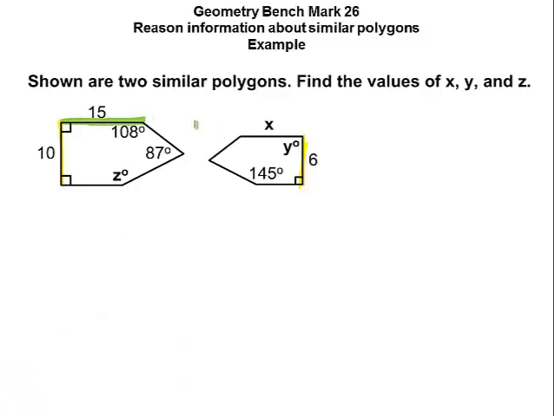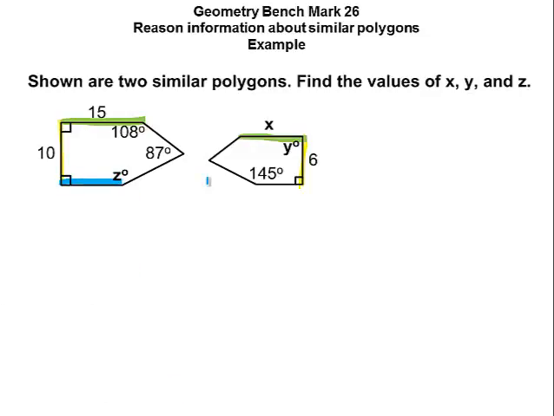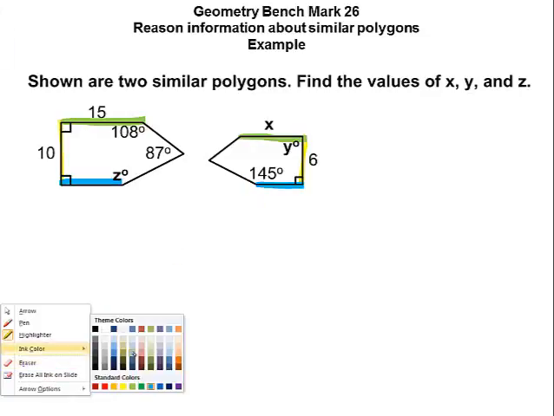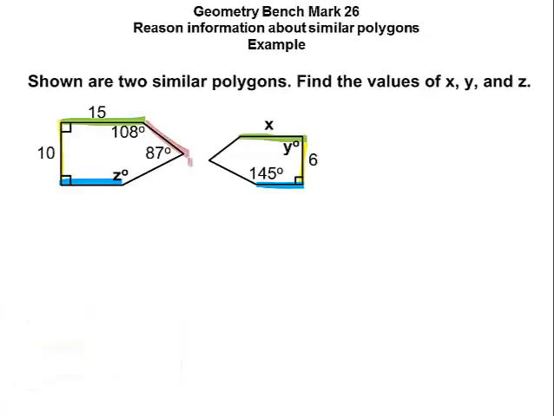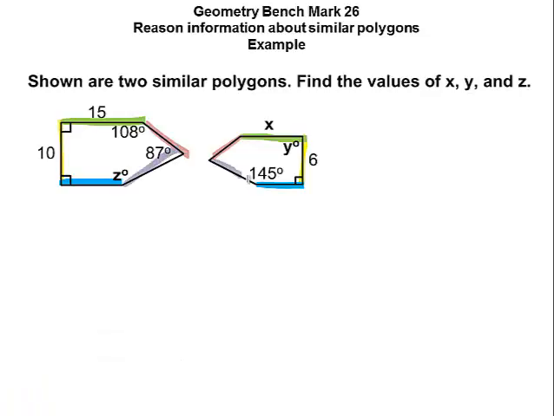And then we have the long top flat side. Those match. And I don't mean match in size. I mean they match in that they're corresponding in the same area. And then those two, and finally these two.